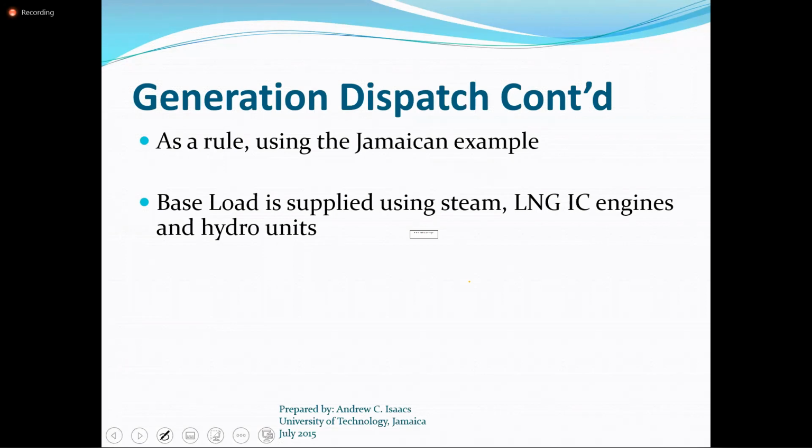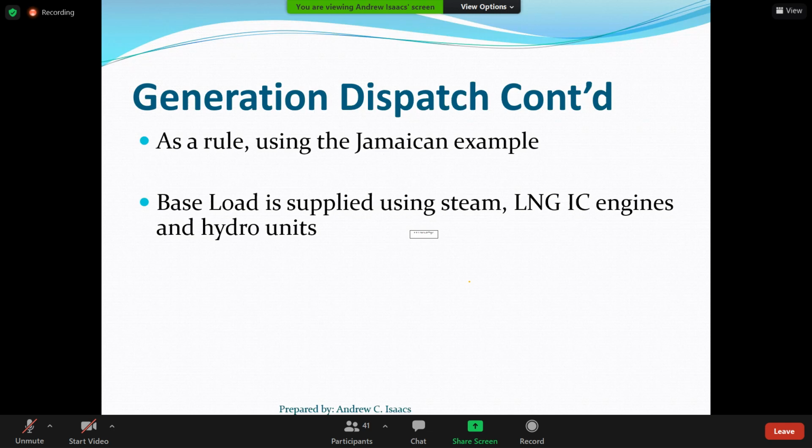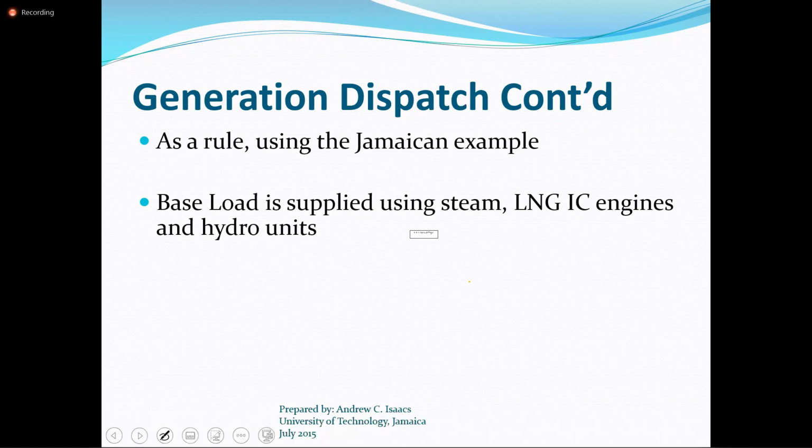The LNG or diesel is also used for the combined cycle plant in Montego Bay.